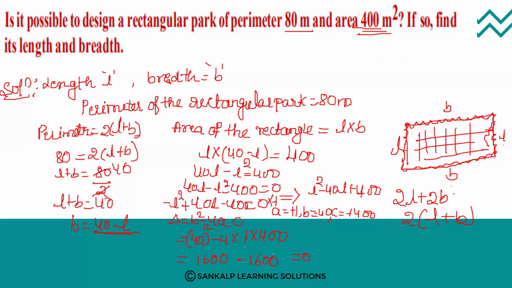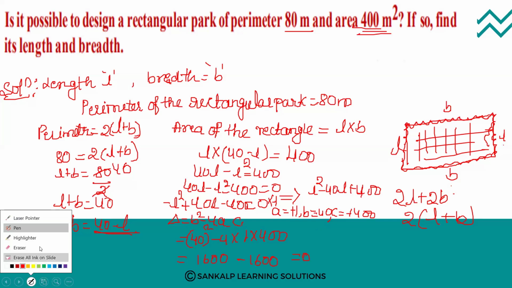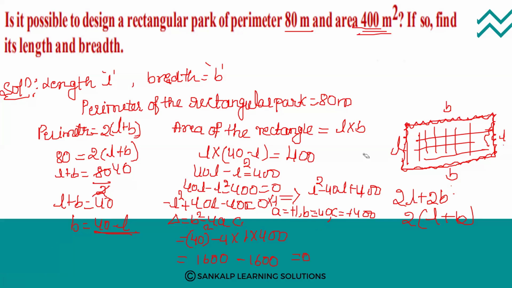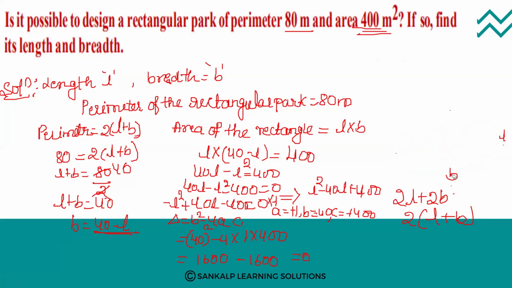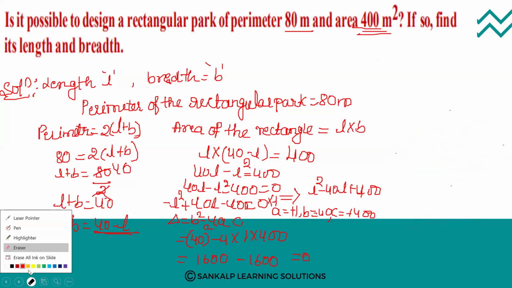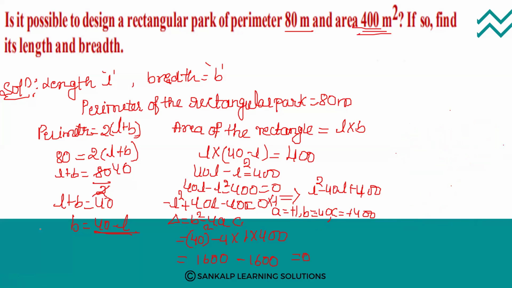So that means two equal roots exist. Roots are minus b divided by 2a and minus b divided by 2a. When delta is equal to 0, that time the roots are minus b divided by 2a and minus b divided by 2a. These two equal roots we will have.